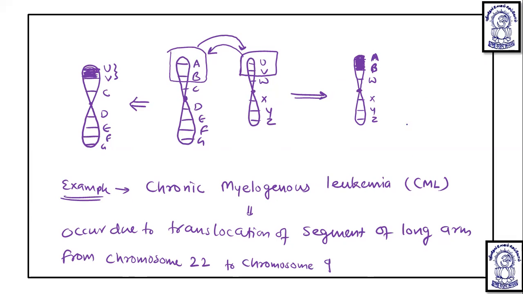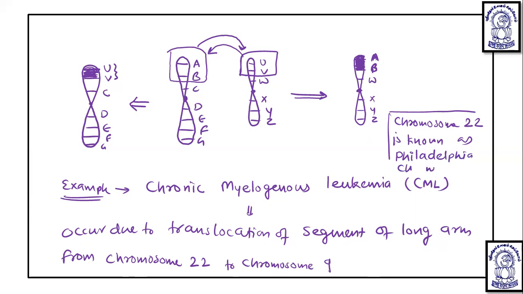So dear students, here you should remember that this chromosome 22 is known as the Philadelphia chromosome. Okay, you should remember this point with respect to chronic myelogenous leukemia. So this is about translocation.